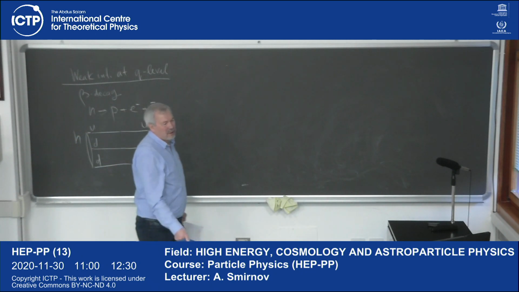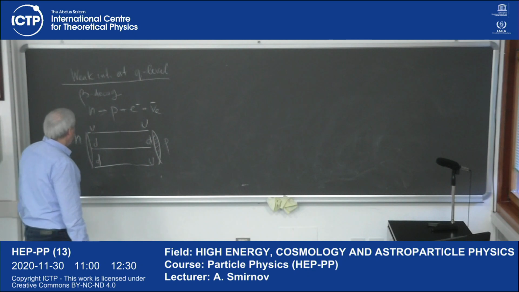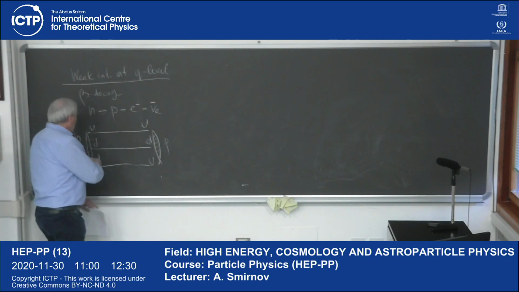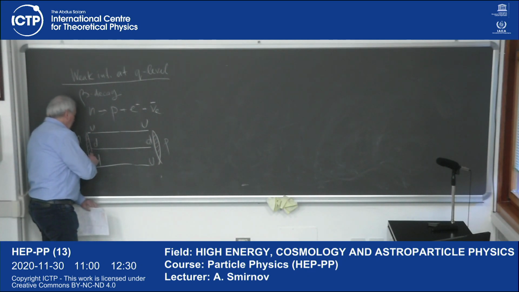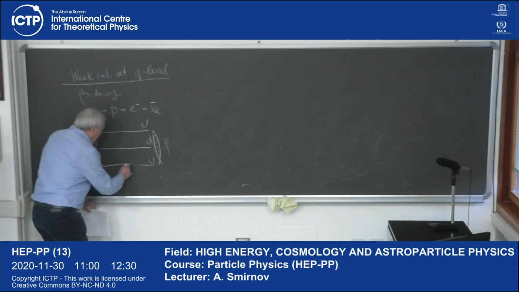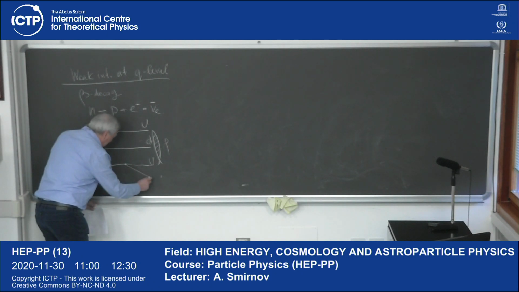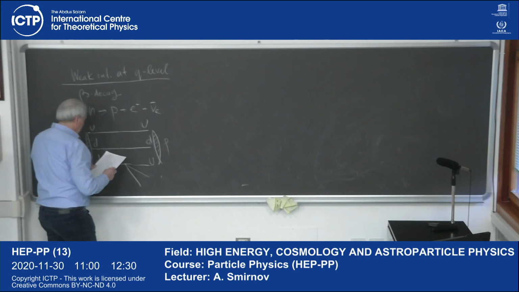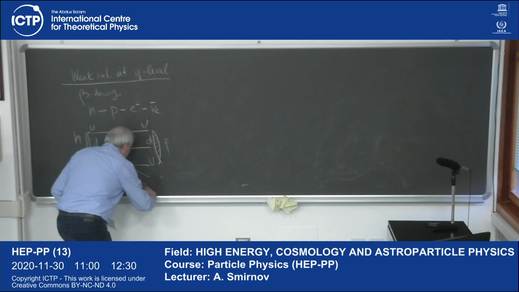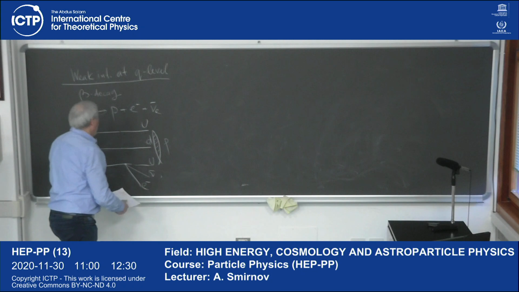This is already almost enough to identify. To transform this system of quarks into this one, we transform one of the D quarks in the neutron into a U quark, and emit an electron and antineutrino.